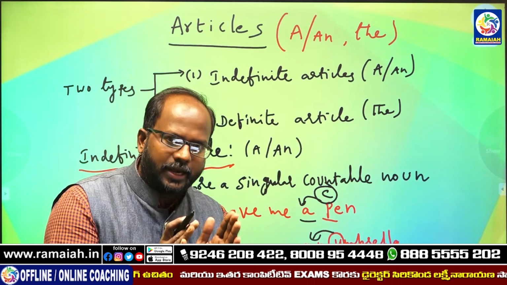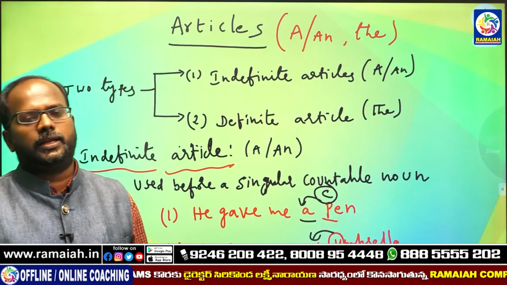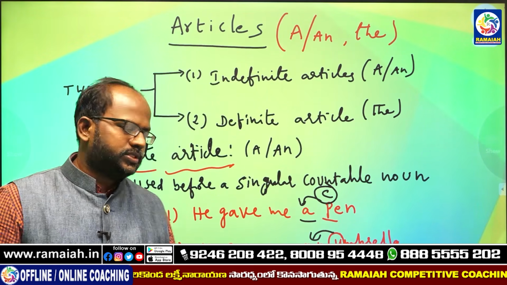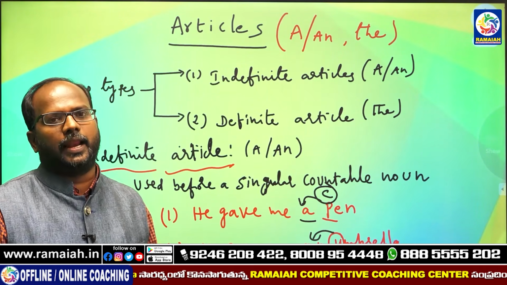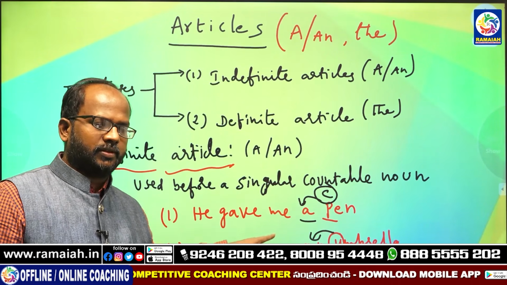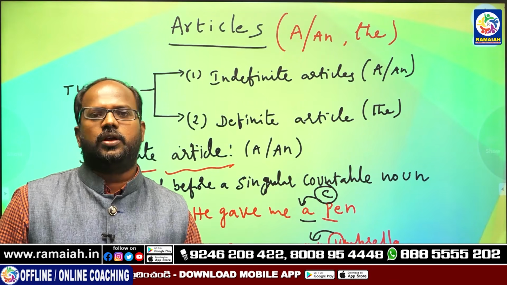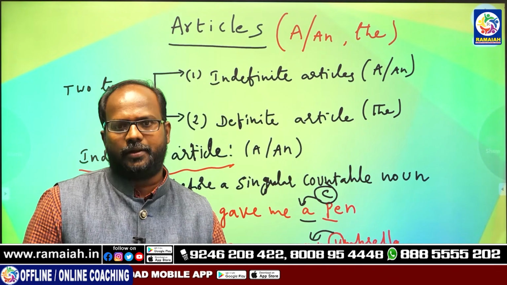If the word is a singular countable word, then only you are permitted to use article a or an. If it is consonant sound, we can use article a. If it is vowel sound, we can use article an.